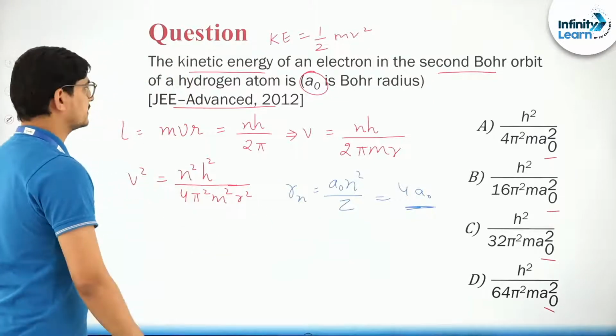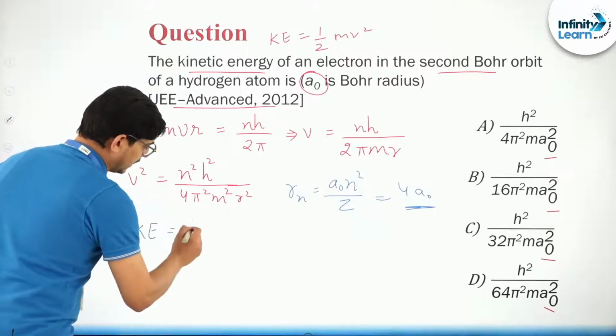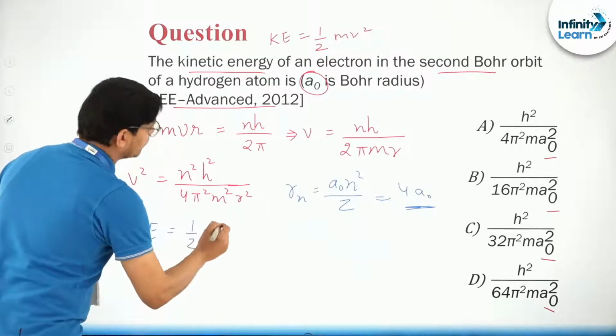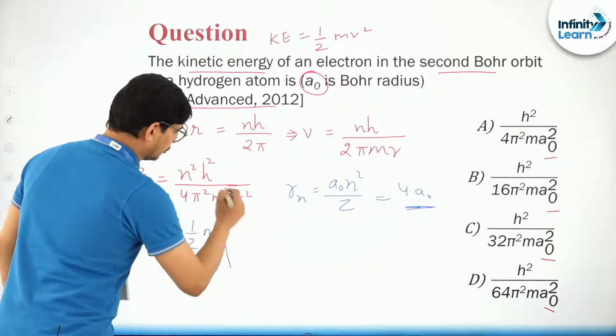So let us substitute this value. The kinetic energy of the electron is half m, v square. n is 2, so 2 square is 4.